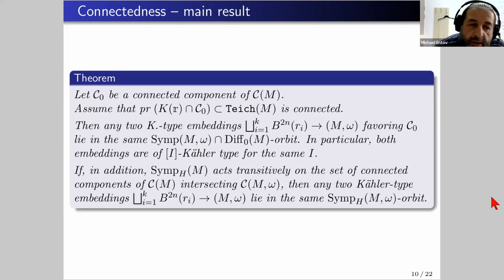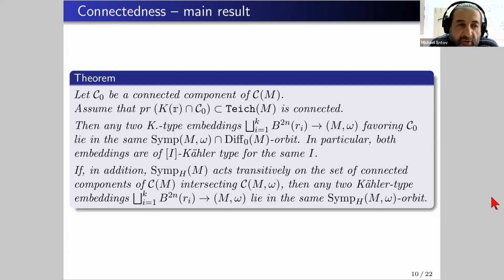So in addition, if you know more, and in the applications, we'll see that this can be checked. If you know that Symp H acts transitively on the set of connected components of CM intersecting CM omega, namely the connected components that contain complex structures compatible with omega, then actually any two Kähler-type embeddings of the same collection of balls lie in the same Symp H orbit.